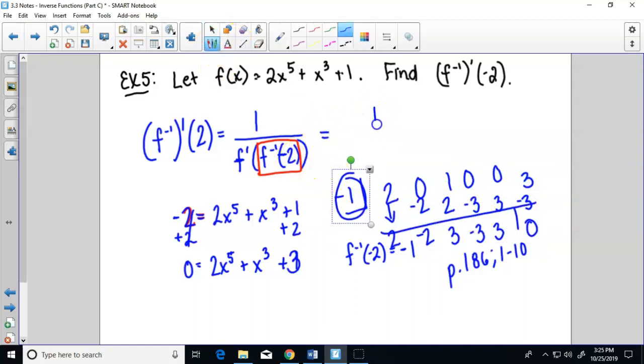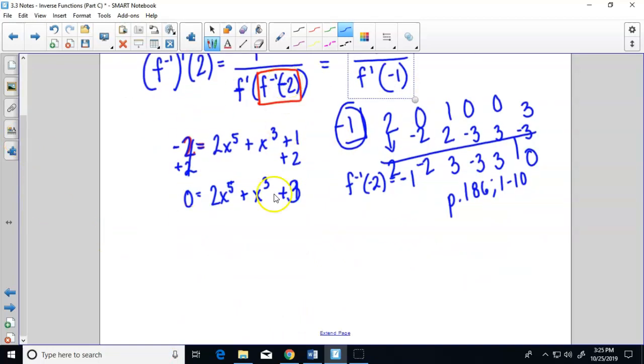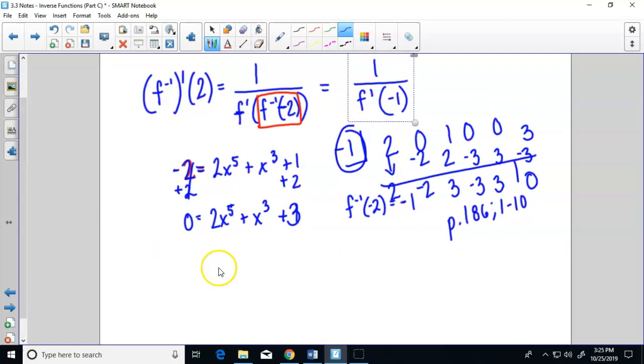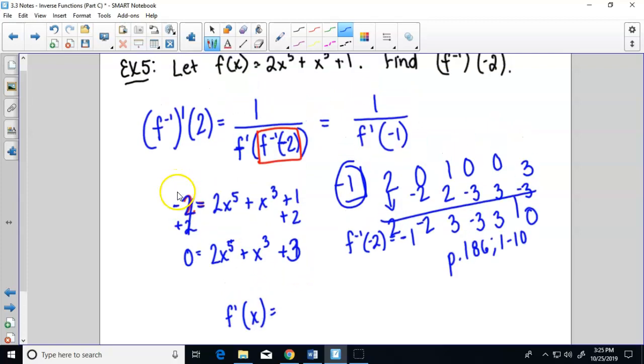So what we've got now is we've got to find f prime of negative 1. And so f prime of negative 1, we've got our function. It's fairly easy to find the derivative of. So f prime of x is going to be 10x to the 4th plus 3x squared. And then that plus 1 is just going to be a 0 there.